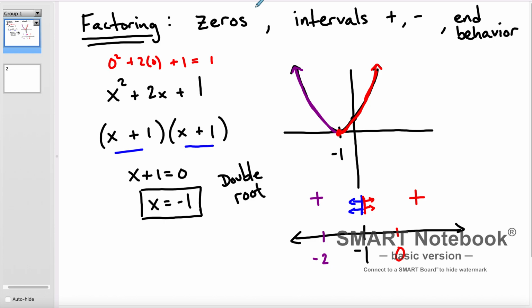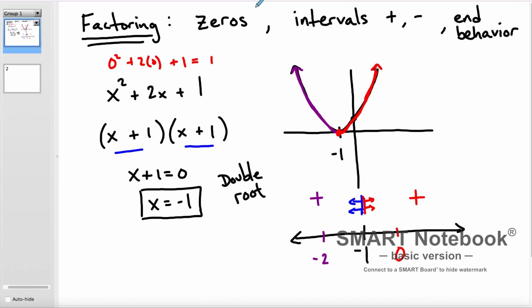And so we factor this basic polynomial, x squared plus 2x plus 1. We end up with a double root. This means that at the location of a double root, we just kiss the x-axis, just touch it. We don't go past it or through it. We just touch it when there's a double root.